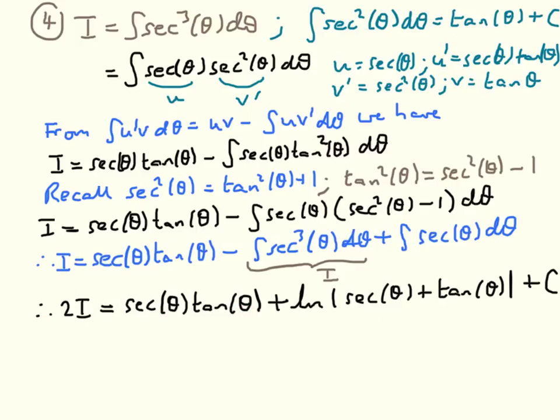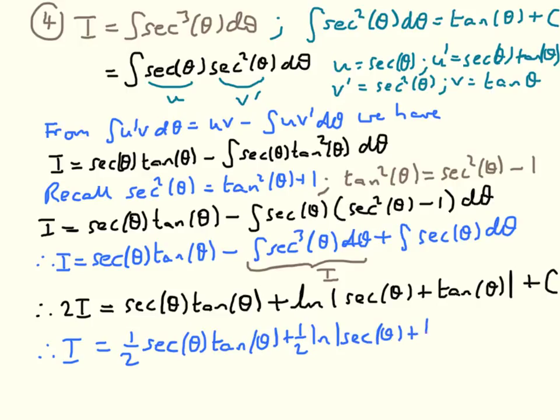And now all we have to do is divide both sides by 2, and we obtain that the integral I, the integral of sec cubed theta, is equal to 1/2 sec theta tan theta plus 1/2 logarithm of sec theta plus tan theta plus an integration constant.